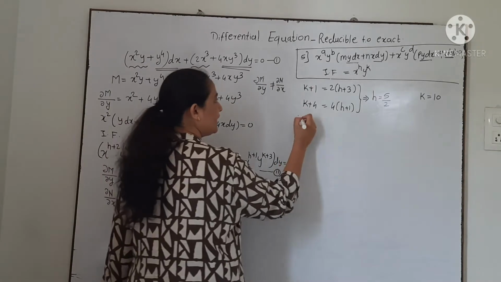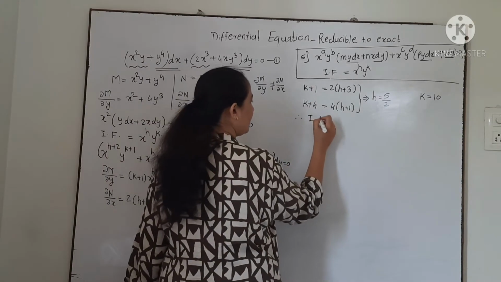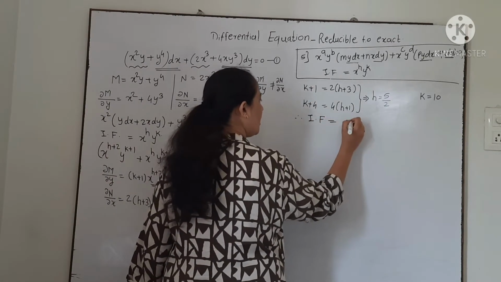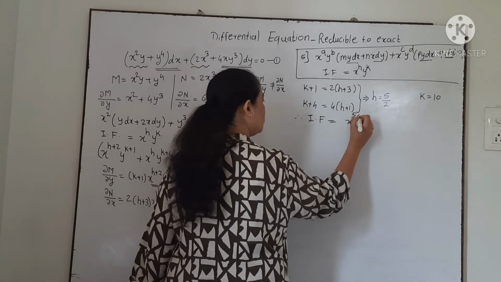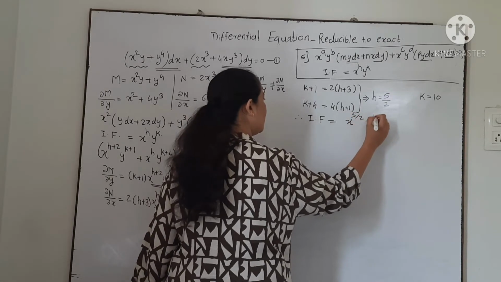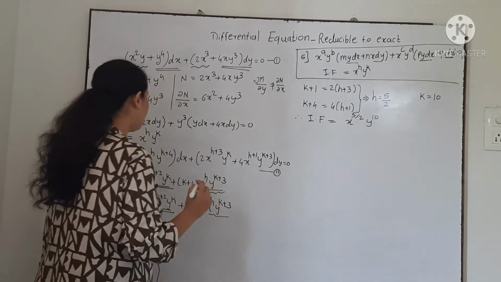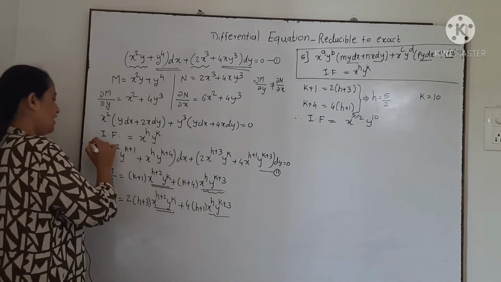So, what is your integrating factor? The integrating factor will be equal to x raised to 5 by 2, y raised to 10. We'll substitute these values of h and k in equation 2.